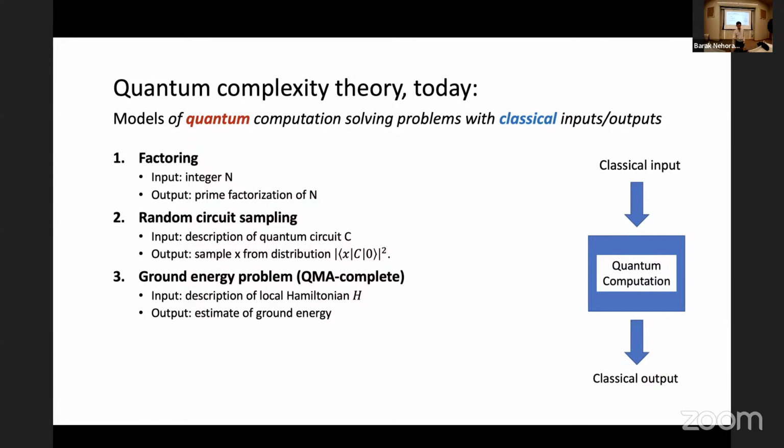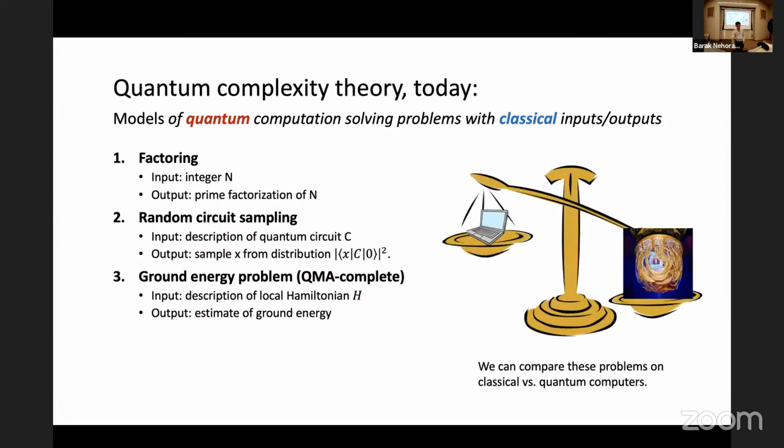This framework has been very interesting and helpful because by thinking about these problems, we want to compare the capabilities of quantum computers versus classical computers. That's why we think about problems with classical inputs and outputs.